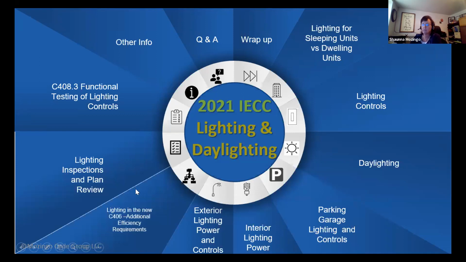Exterior lighting, the new C406 additional efficiency requirements. A little bit about lighting plan review and inspections. Talk a bit about functional testing of those lighting controls. That's an important aspect that we want to talk about. Some additional information that I want to talk to you about when it comes to just the electric power, not necessarily lighting. Q&A and a wrap up.